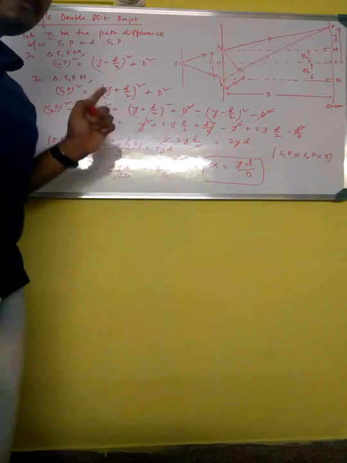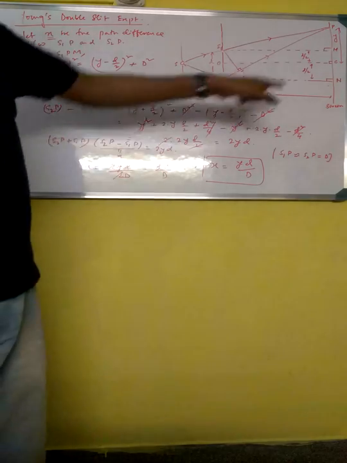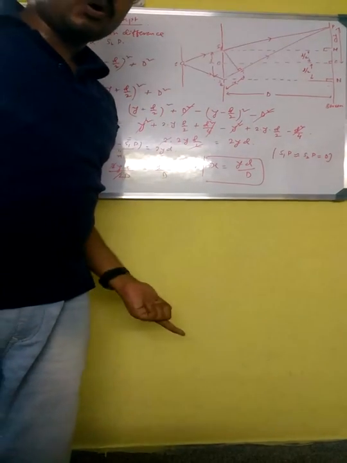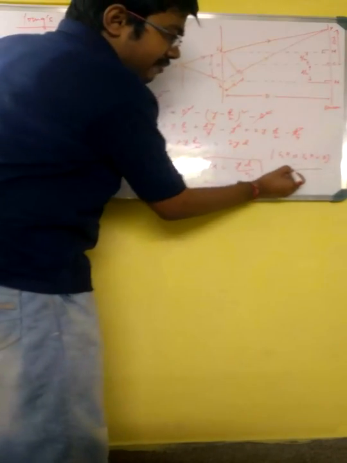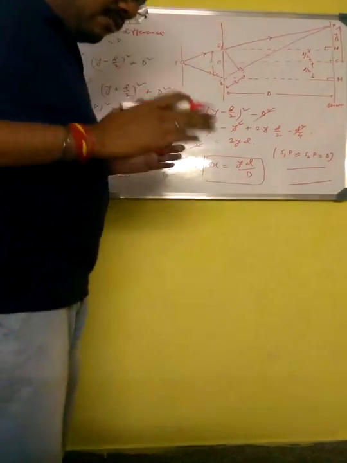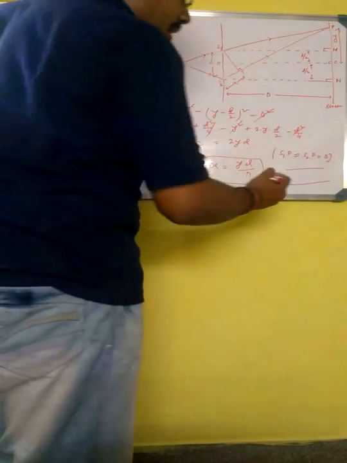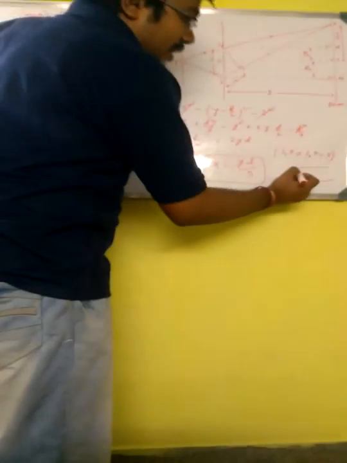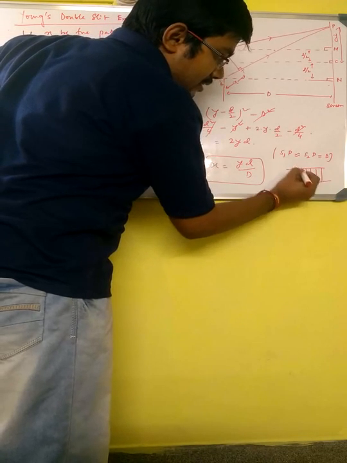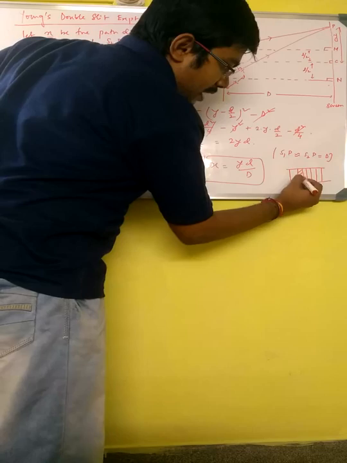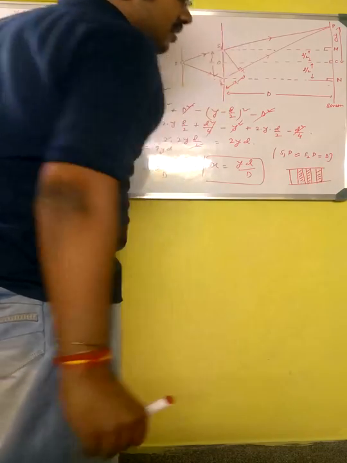Now from this path difference, we get two very important cases, the maxima and the minima, depending upon which the point P will be a bright spot or a dark spot. In the fringes, when we observe the experiment in a microscope or a spectroscope, we'll see fringes of alternate brightness and darkness. One is bright, one is dark, one is bright, one is dark.